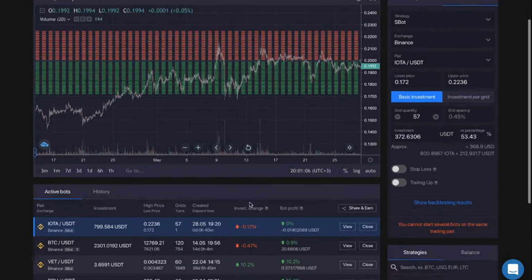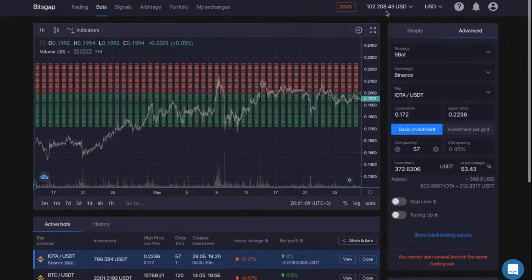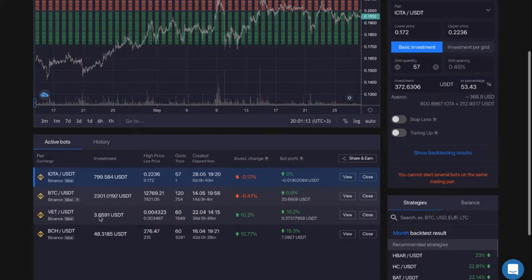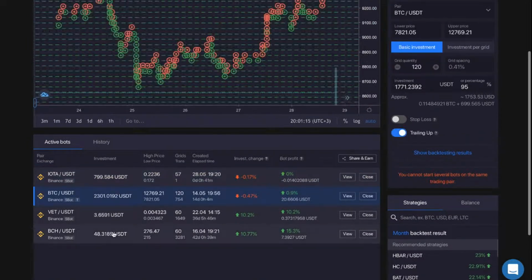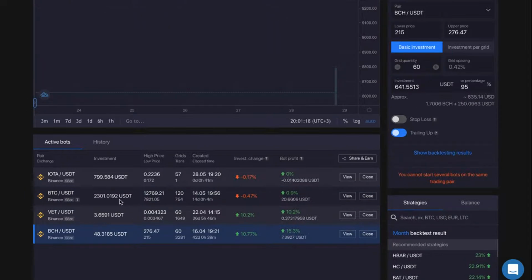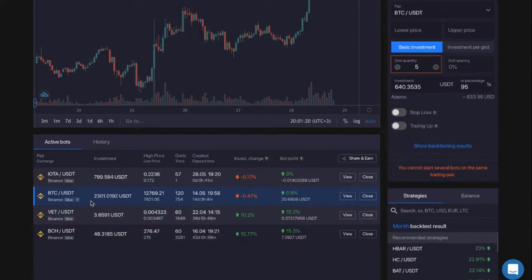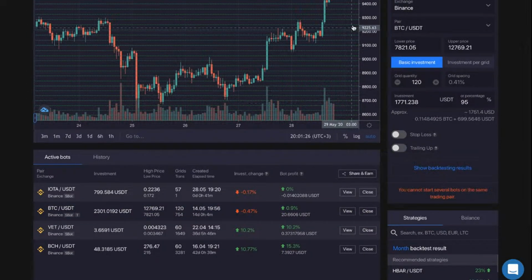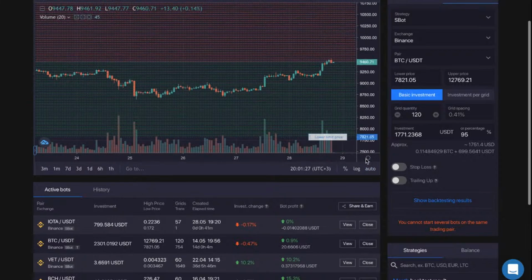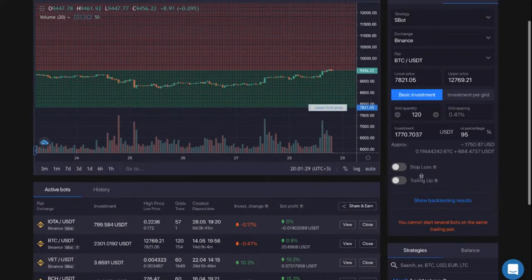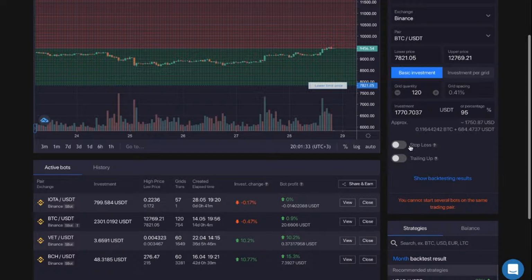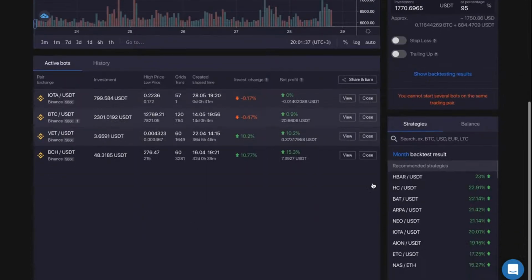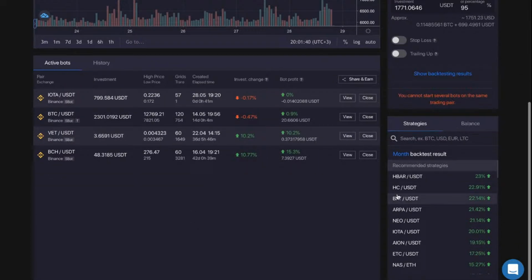I'm using demo mode, my demo account, to find the best setups for my bots. I'm testing bots using trading up, bots without trading up but with a wider buy and sell zone, I mean a wider trading range. I'm also testing bots without the stop loss and with the stop loss.